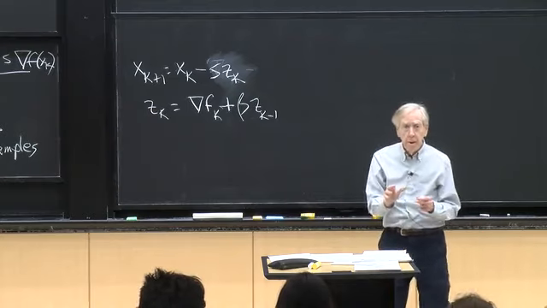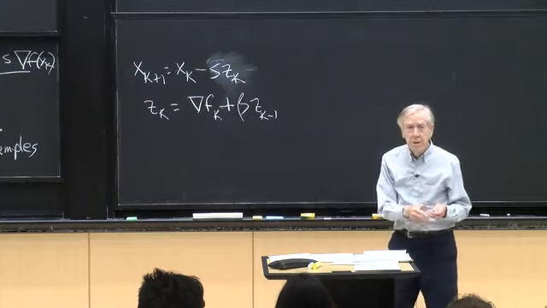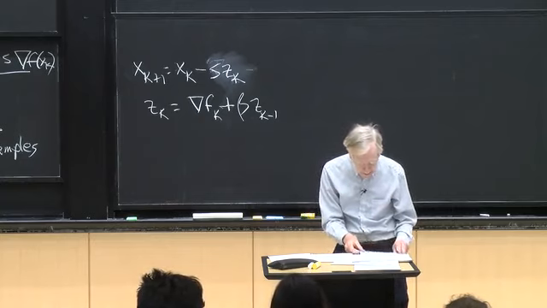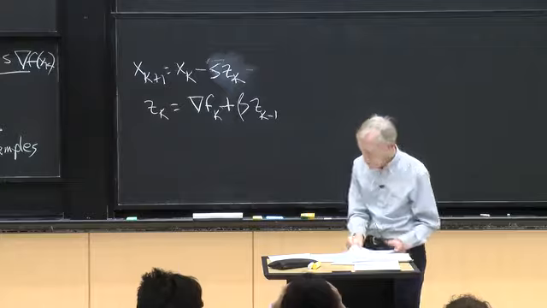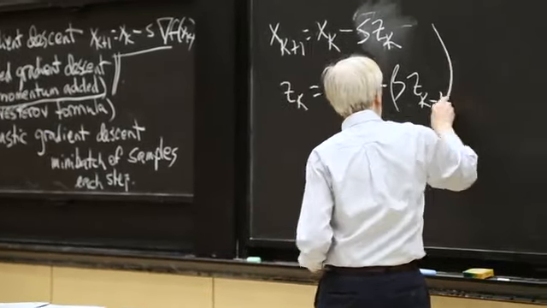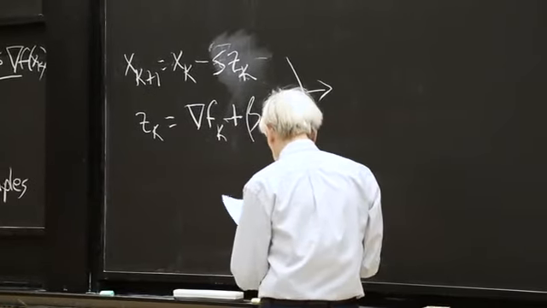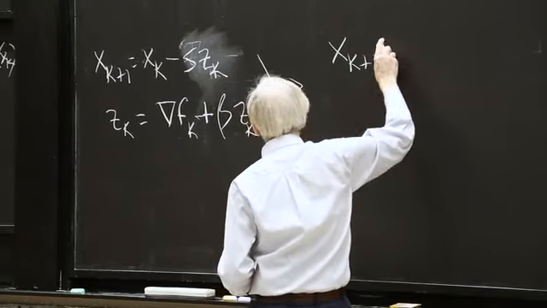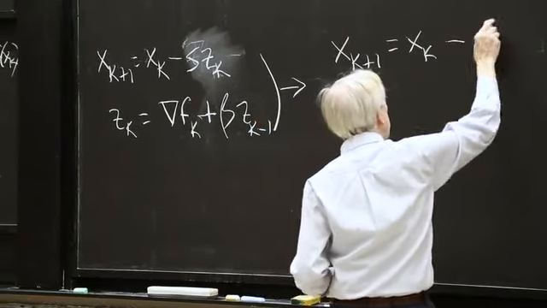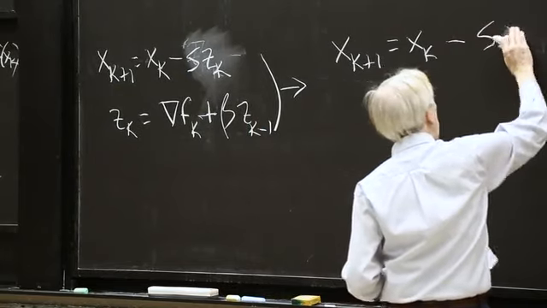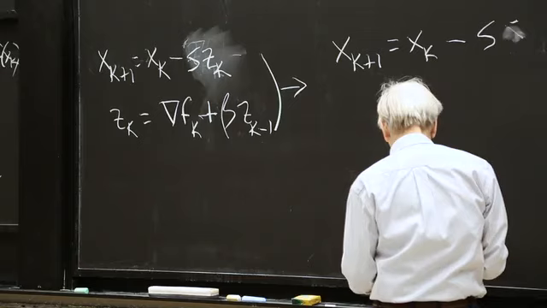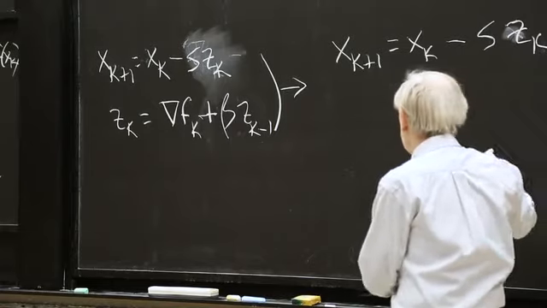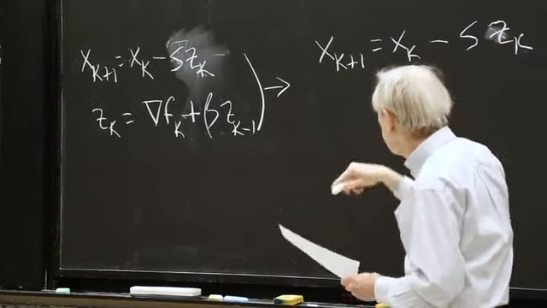We have 2 equations and they're first order, and let me play with them for a moment to make them good. So this will go to 2 first order equations in which the first one I'm just going to copy: xk plus 1 is xk minus the step size times zk. The previous time step here, the next time step on the left.